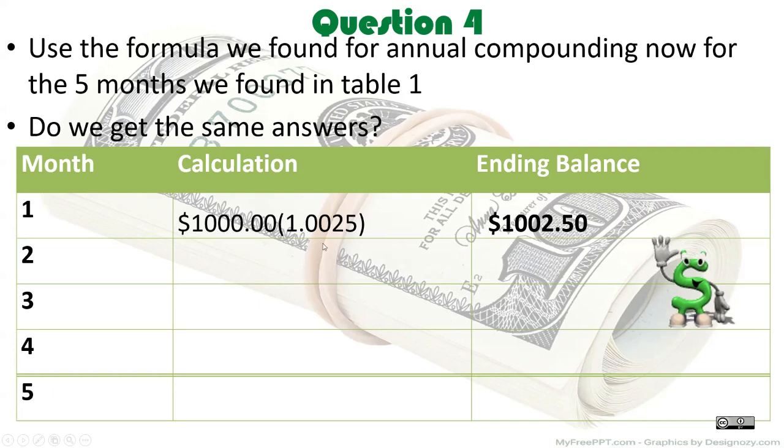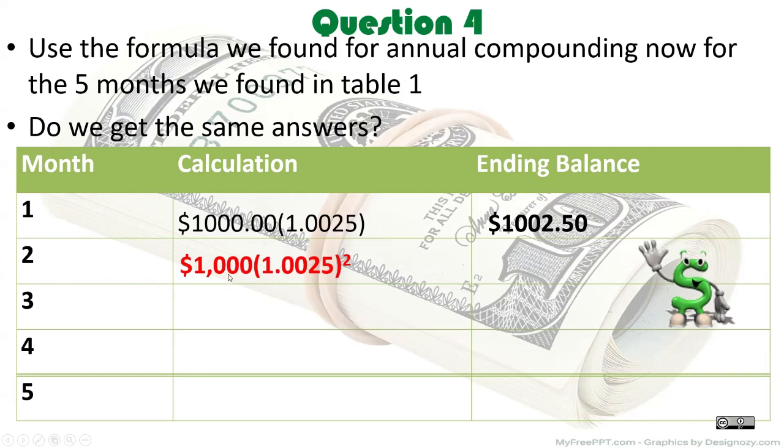So that's what I'm multiplying by, because 1 plus 0.0025 is equal to 1.0025. And that's the reason I'm multiplying my principal times that, since we're doing this based on the monthly APR. And I get, when I plug into my calculator, $1,002.50.